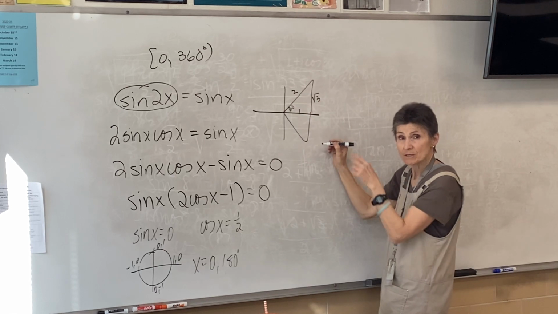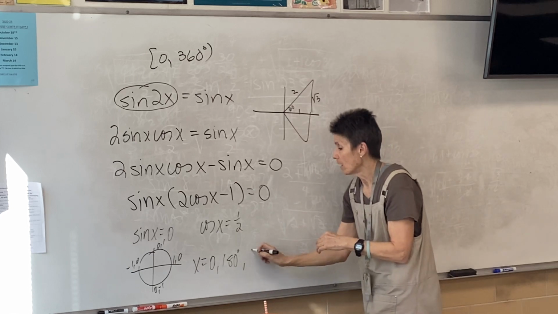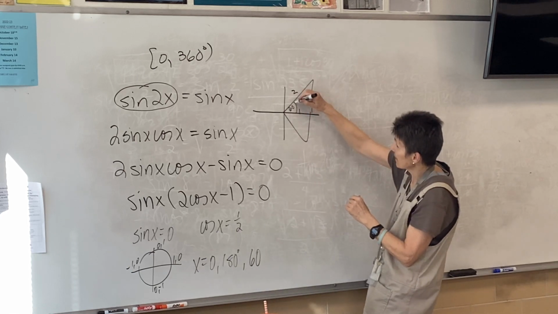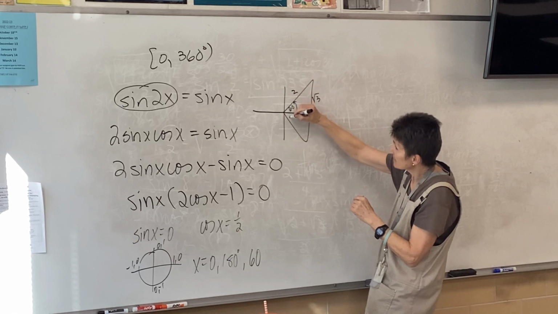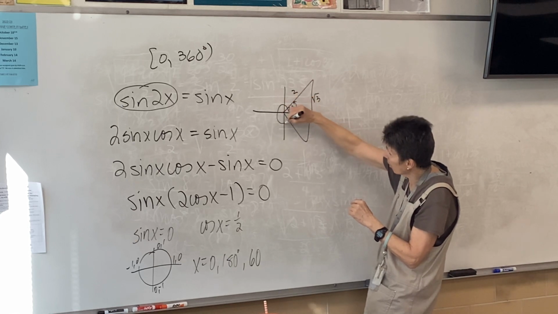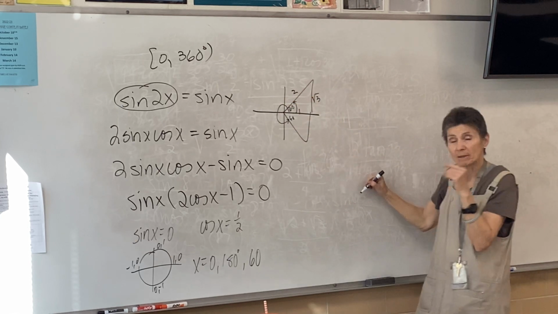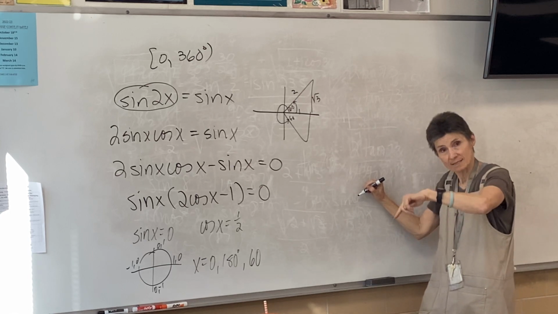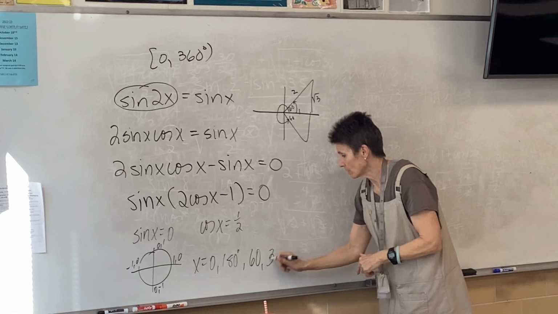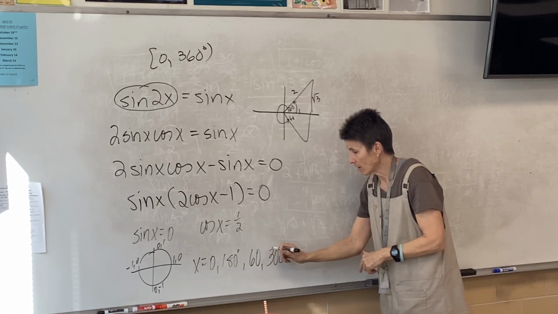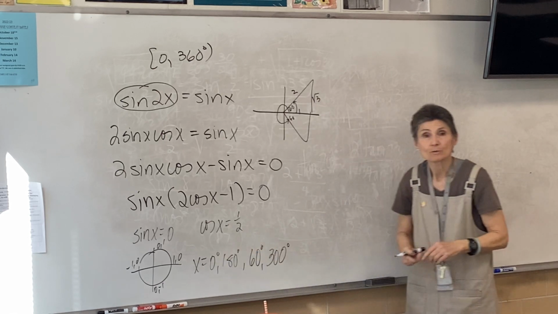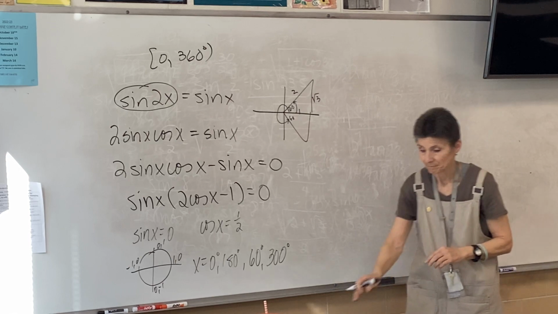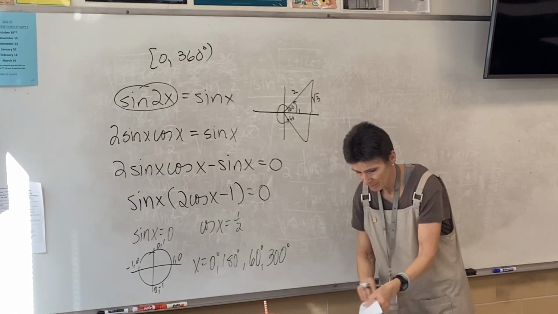So the answers to that part of the problem are 60. That's this guy right here. But this is also 60, and I gotta go all the way around. So how big will that one be? 360 minus 60, or 300. So there are the answers to that problem. All right, that wasn't too bad. That was kind of easy.